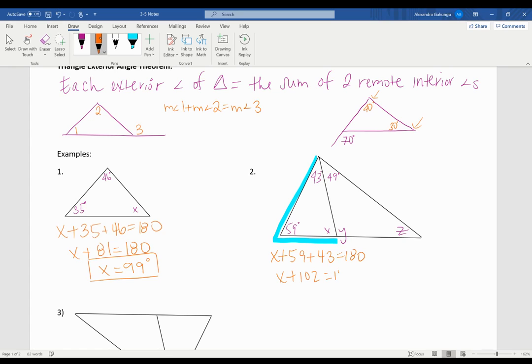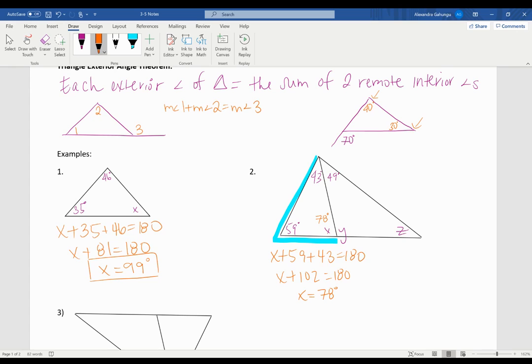So I'll get 102 when I add those two together and I subtract, and I will get 78 degrees. So I'm going to add that in here.